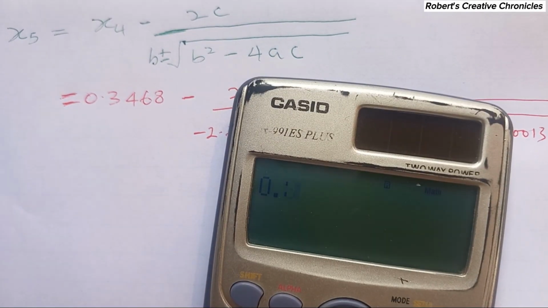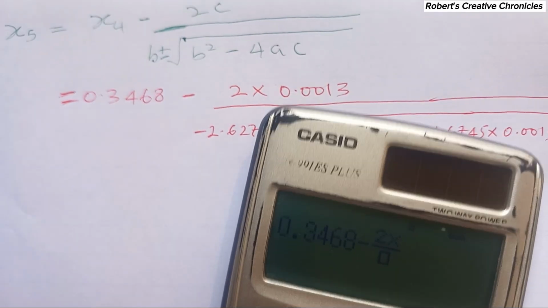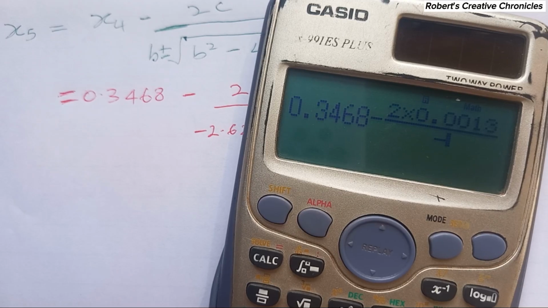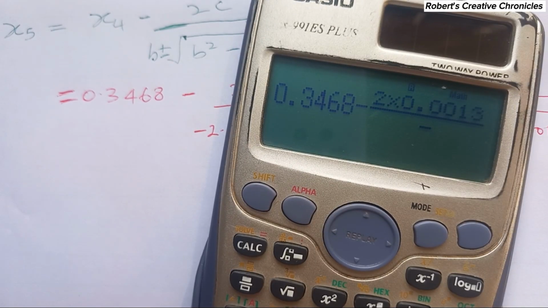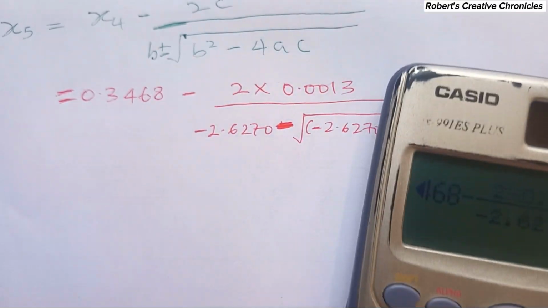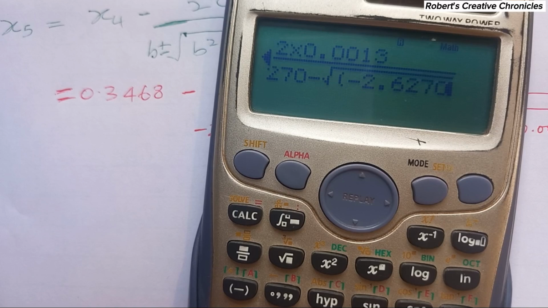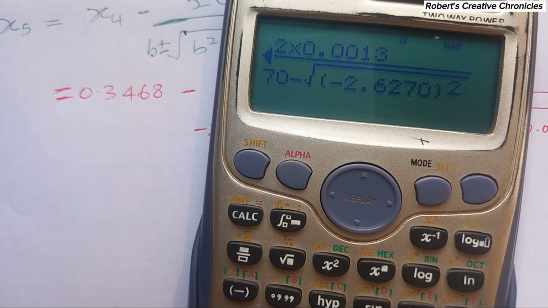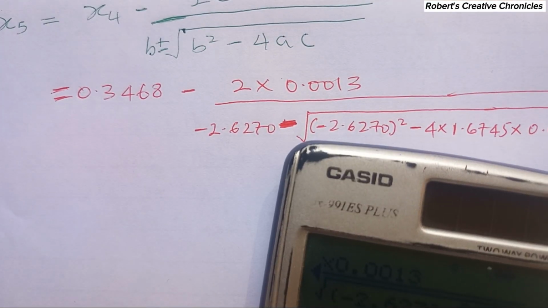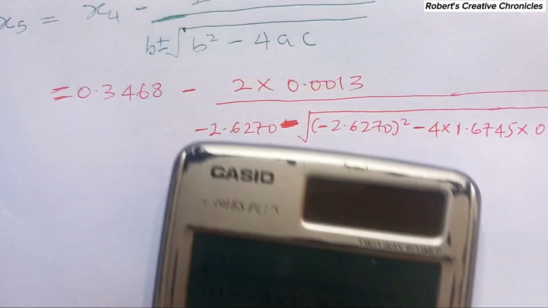So this becomes what? 0.3468 minus 2 times 0.0013, then negative 2.6270 minus root of this square, which is 2.6270 square, minus 4 times A, which is 1.6745, times C, which is this.